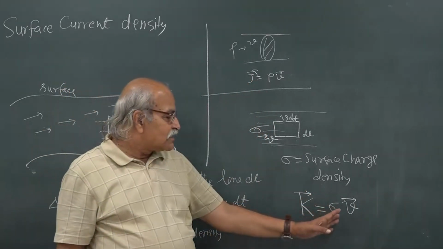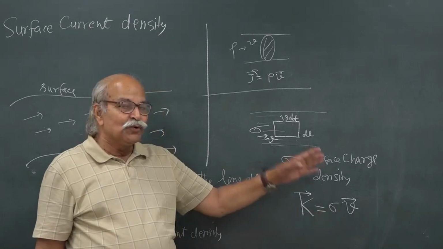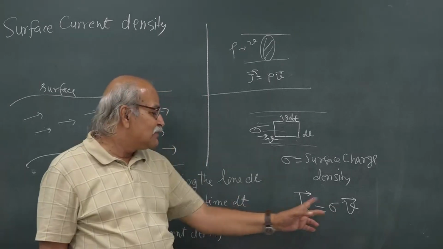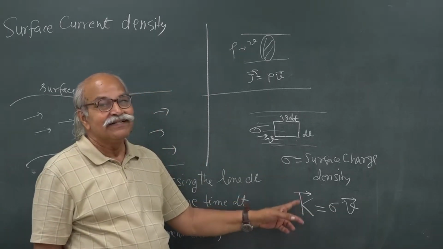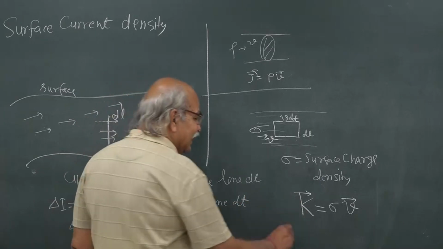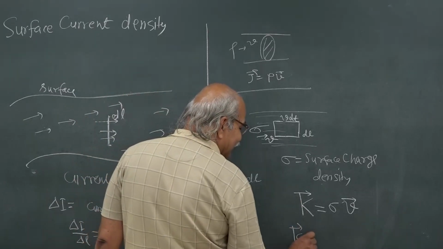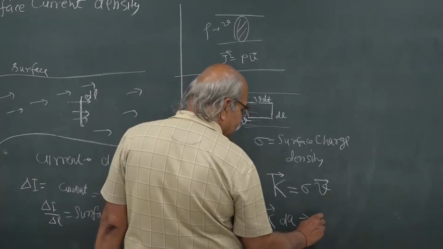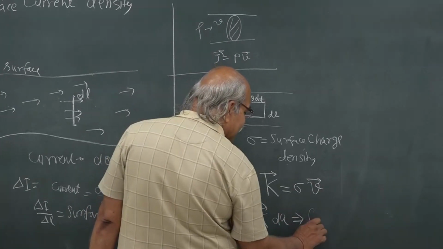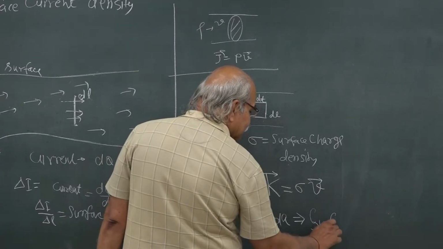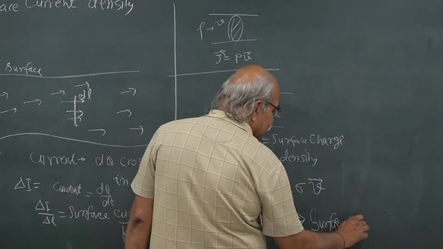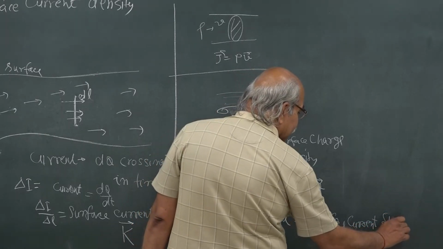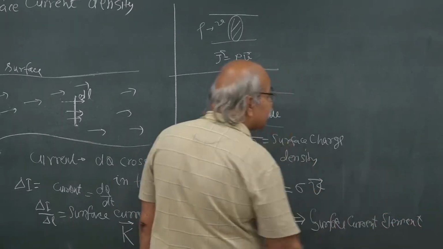If you know the charge density sigma and the velocity with which they are moving on the surface, then you can immediately write the current density, and this K dA is called the surface current element. Keep comparing.